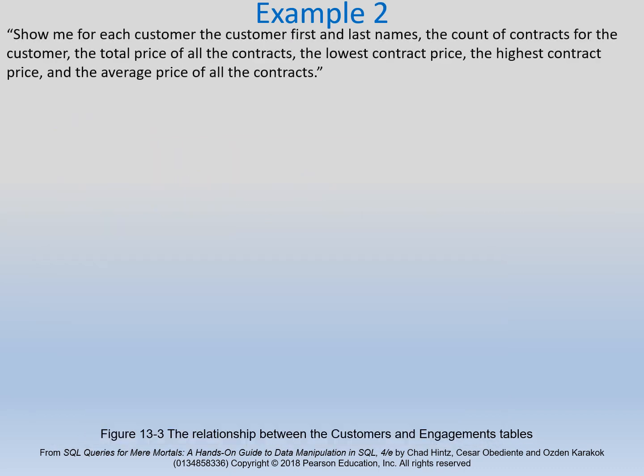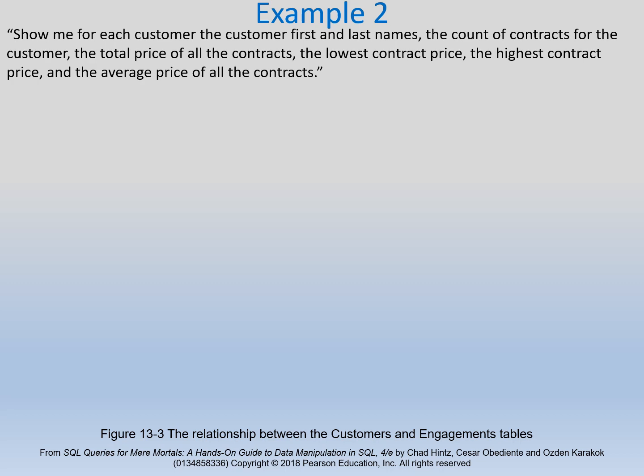Example 2. Show me for each customer the customer first and last names, the count of contracts for the customer, the total price of all the contracts, the lowest contract price, the highest contract price, and the average price of all the contracts.